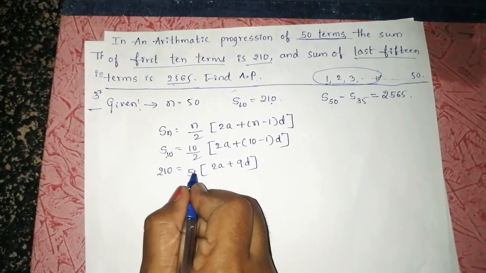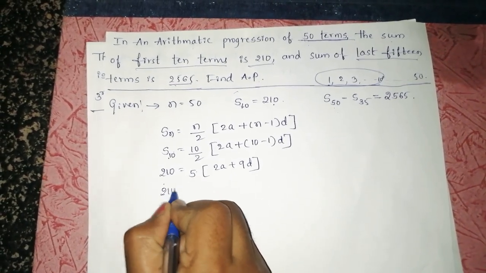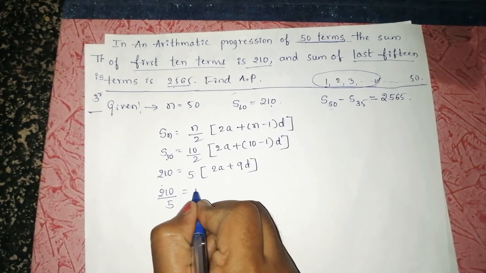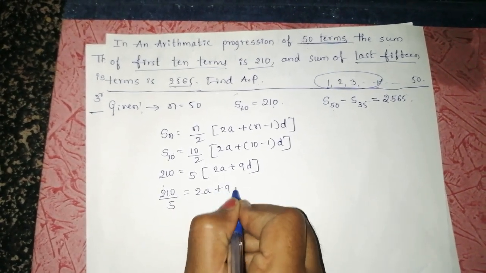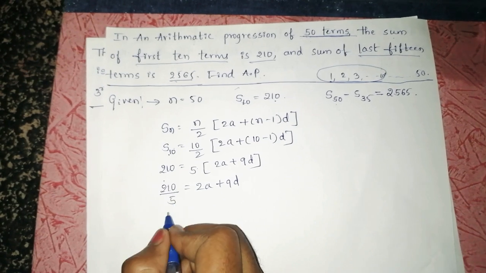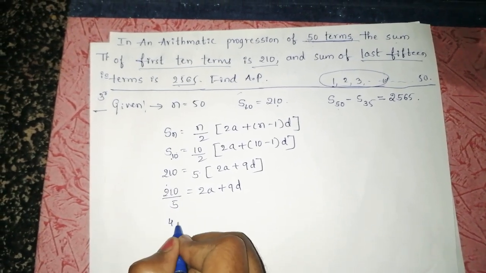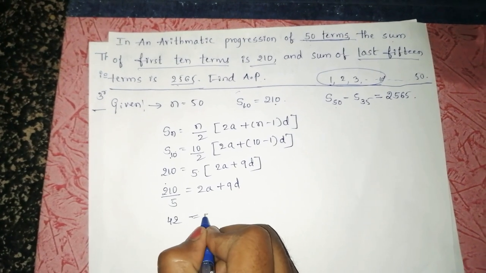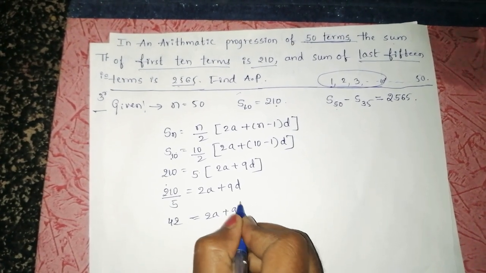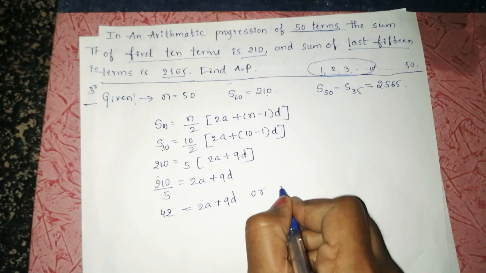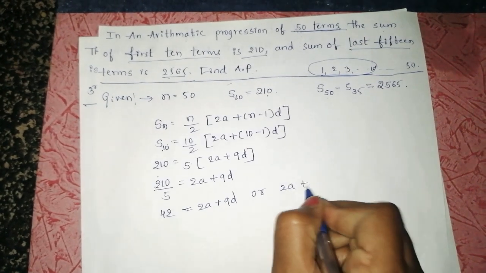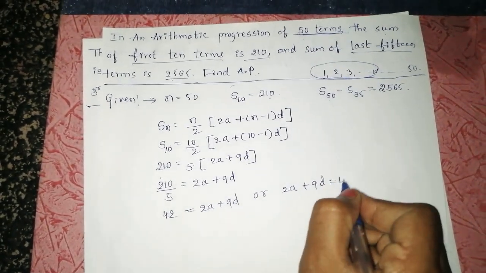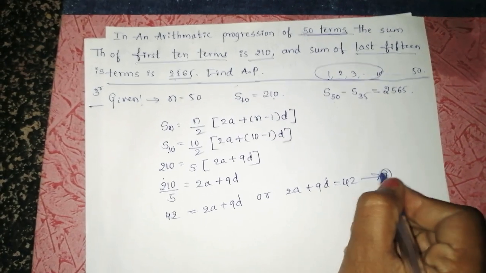This 5 goes to the other side, so 210 by 5 is equal to 2a plus 9d. 5 4s are 20, 5 2s are 10, so 42. That is, 2a plus 9d is equal to 42. Take it as equation number 1.